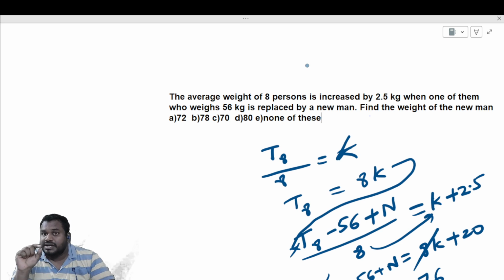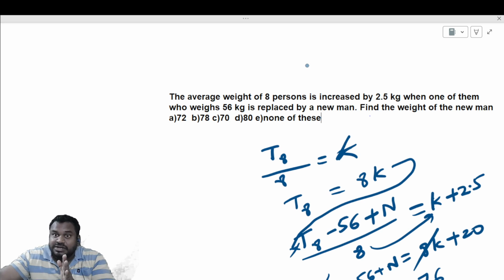So 2.5 kg of weight is increased as an average for every person. So it means 2.5 into 8, because there are 8 members. 2.5 into 8 is nothing but 20. 20 kg should be increased as a whole because of the person who joined. So the increased weight is 20 kg. And whoever left, the 56 kg person, the new person would have that 56 first, and extra he is carrying 20 kg of weight.